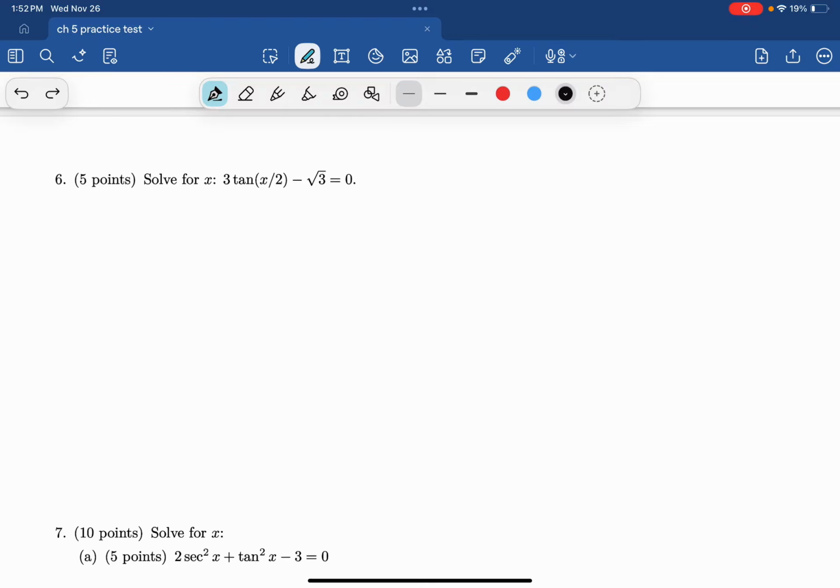Okay, next, we want to isolate that tangent, right? And so 3 tangent x over 2 equals root 3. And so tangent x over 2 is equal to root 3 over 3. All right, so what point does that correspond to? That is going to correspond to this point here. Right, that's going to have coordinates root 3 over 2, comma 1/2.